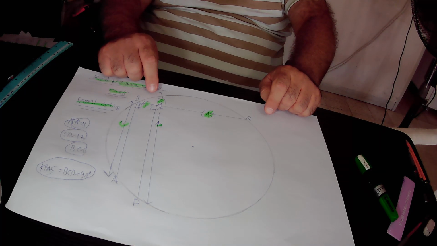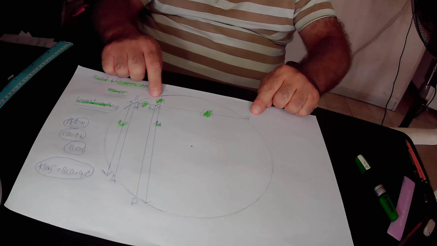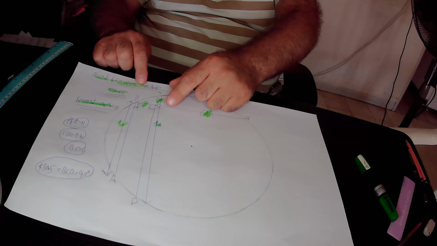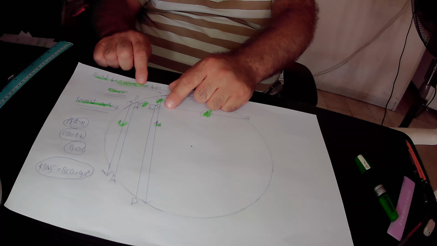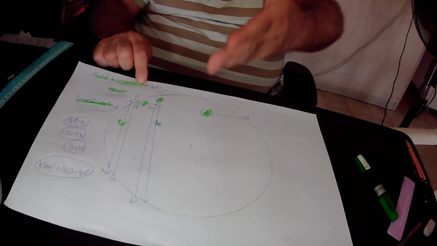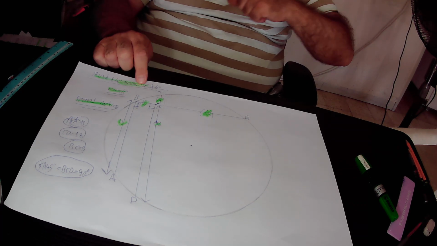We already found out that line segment CQ is equal to 15 units in length, and the short line segment TC is equal to 5 units in length. So we use those two things.